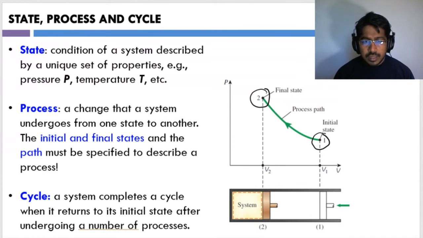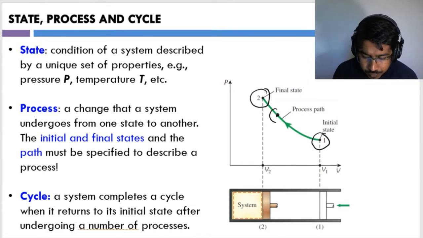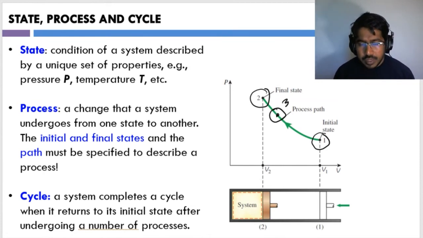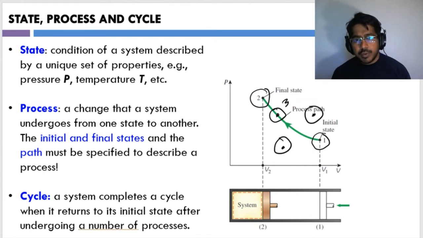So for now, you know that using thermodynamic properties, you can define a state. And if I mark a point here, you can call it 3. Is that a state as well? It is, because any point in this PV diagram can be called a state, right? Any point. So it represents a given set of properties that represent a given condition of a substance, right?